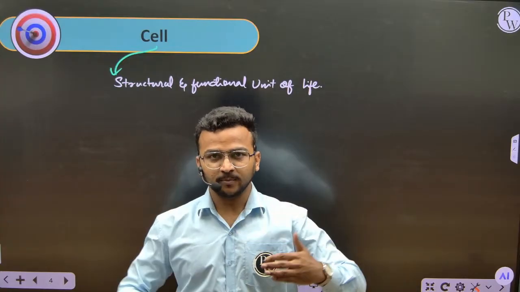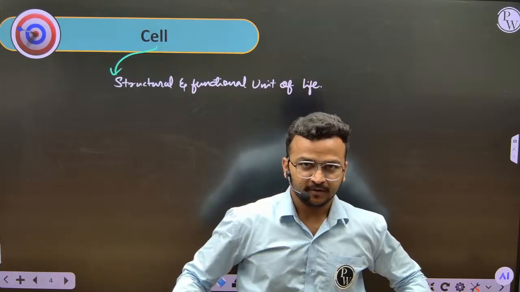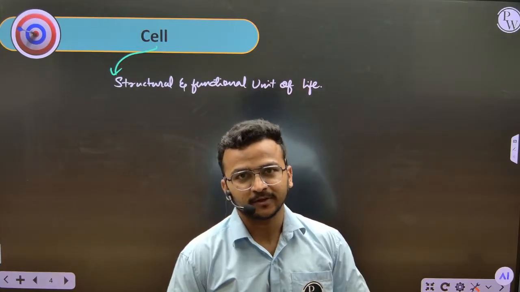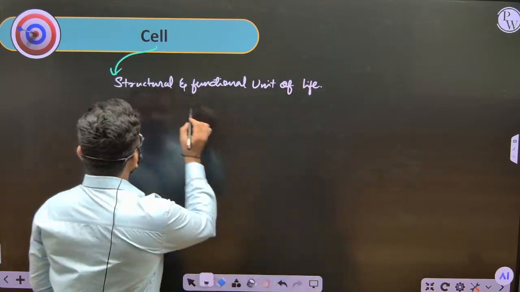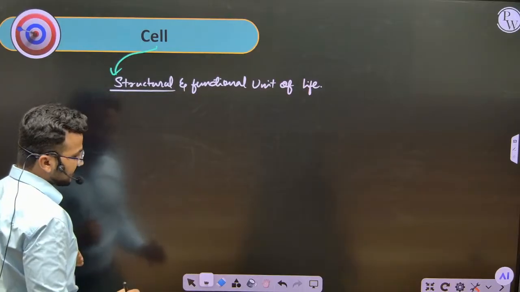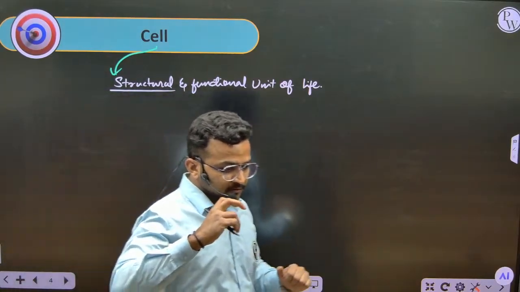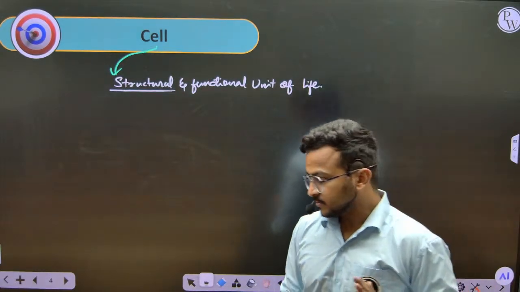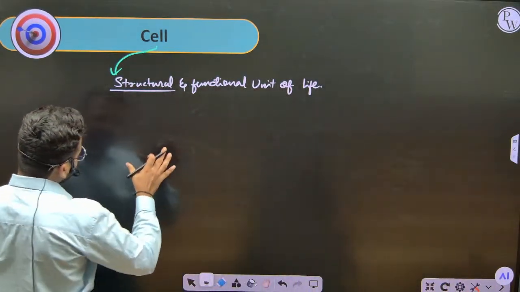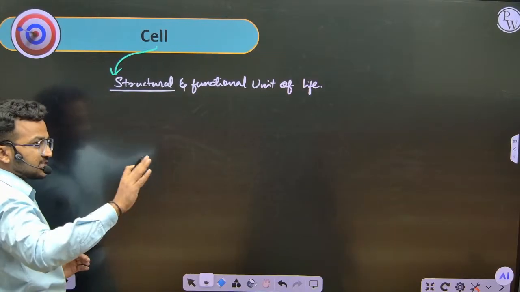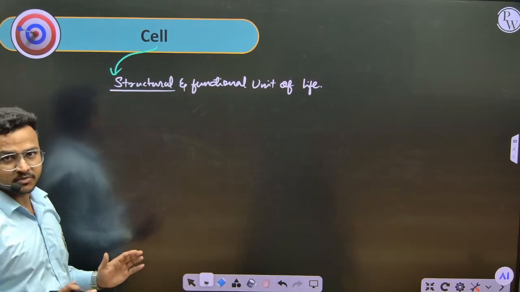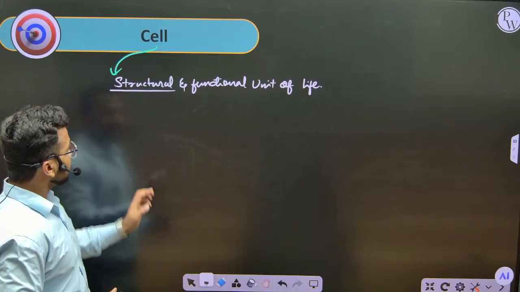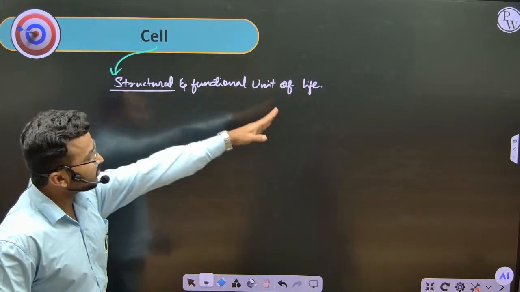Like that, to make our whole body, the cell is the basic unit of life. That is the structural unit. Structural in the sense that it makes a framework for a complete organism, giving shape and structure to any organism. That's why we call it the structural unit of life.